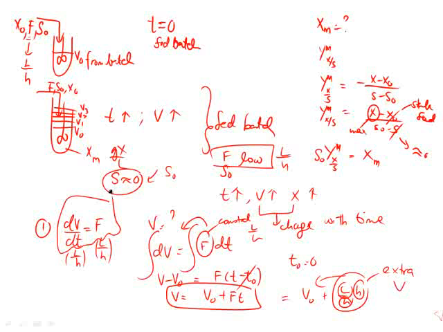You gave it certain liter per hour, and that certain liter per hour is added to the initial volume. So what happens to the volume? Volume increases. So the change of volume with time depends on the F. The F is actually changing the volume. So the F is dV over dt.